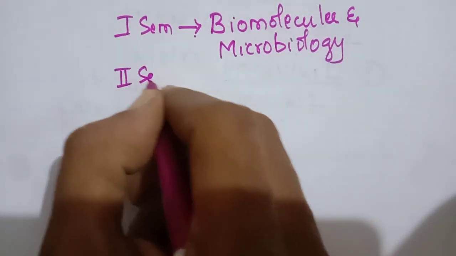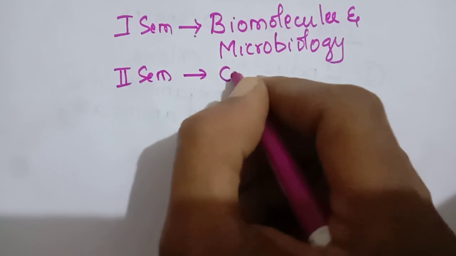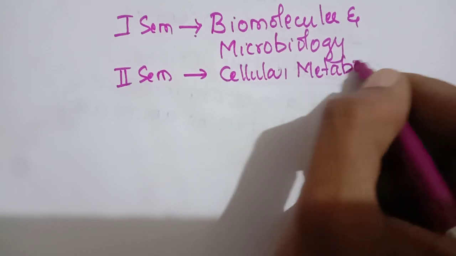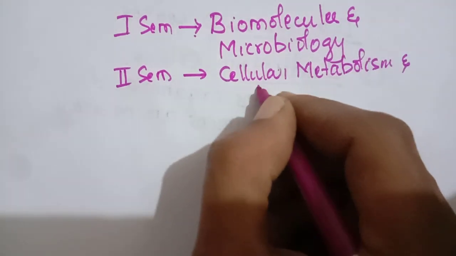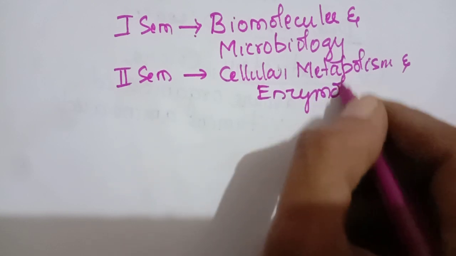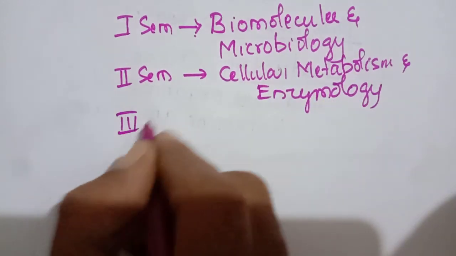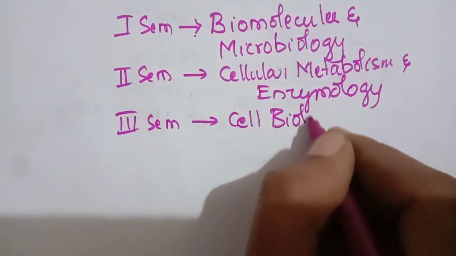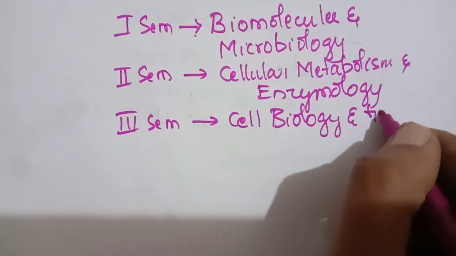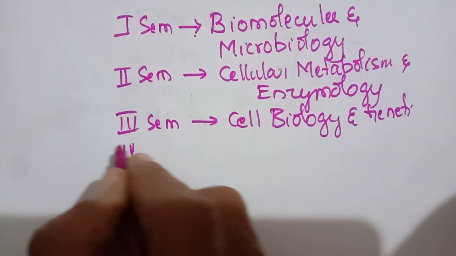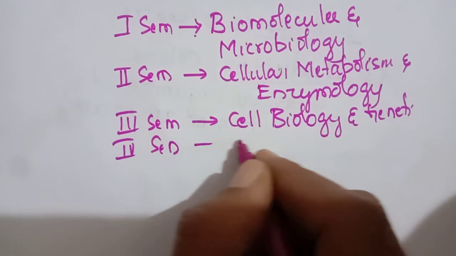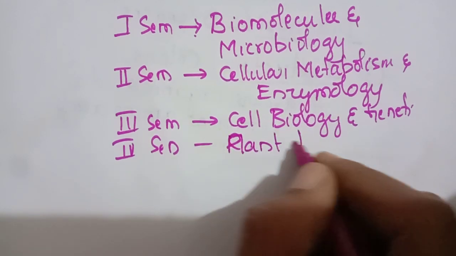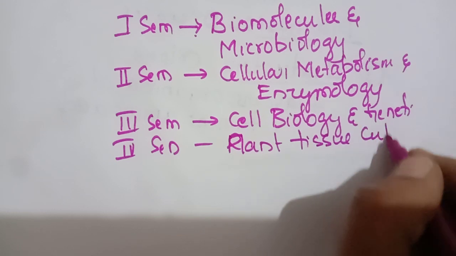In the second semester you will study cellular metabolism and enzymology. In the third semester, cell biology and genetics. In the fourth semester, you will study plant tissue culture and animal cell culture.